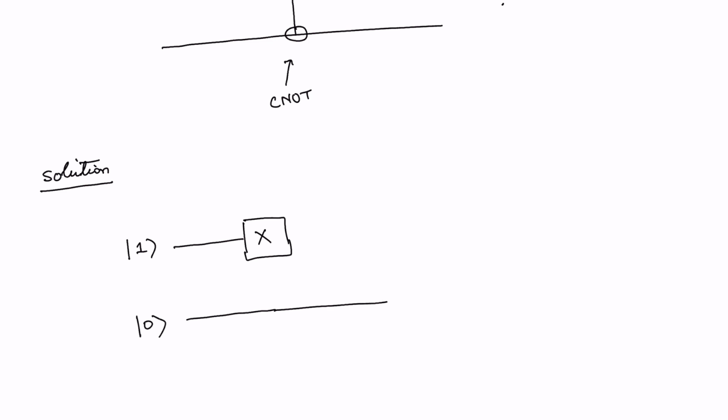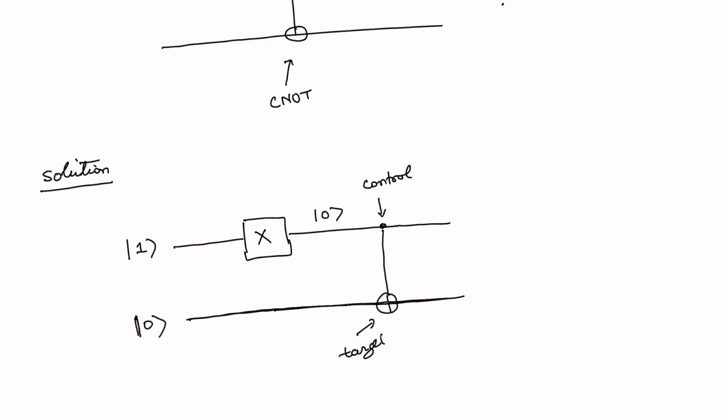Now the first qubit, |1>, is encountering the X gate, so at the output of this X gate you are going to get |0>. This |0> will act as an input, and the second qubit will remain as it is, not encountering any gate as yet, but then it is encountering the CNOT gate. In the CNOT gate, the first line is the control, and the second one is the target. Now in the target you have |0>, and in the control you have |0>.